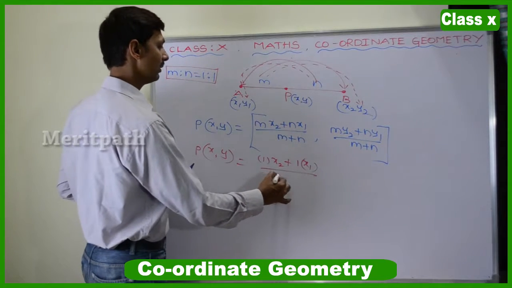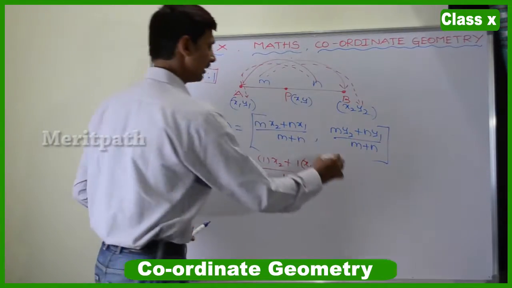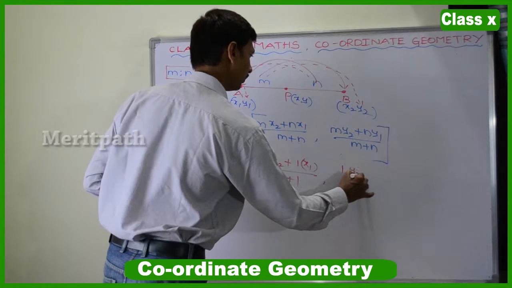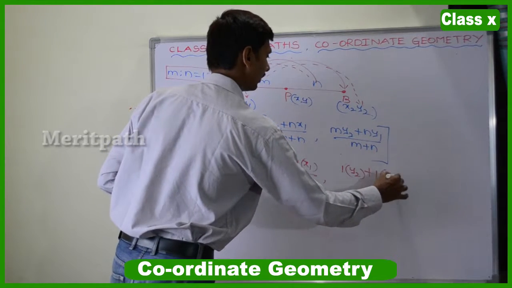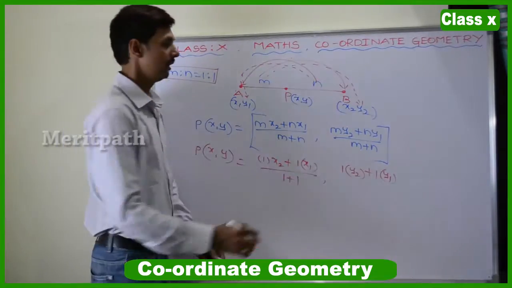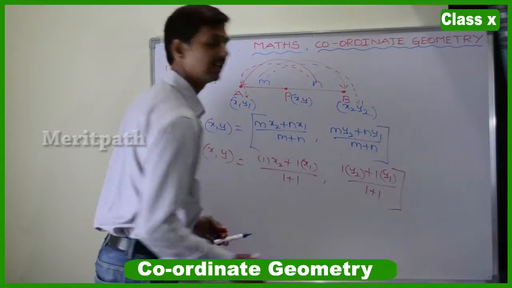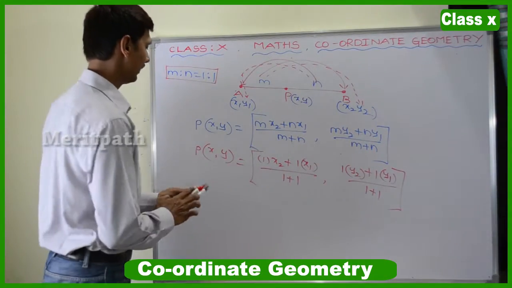M plus n is nothing but 1 plus 1. So comma, m is the value 1 and y2 is y2, plus n is the value 1 and the y value is y1, divided by 1 plus 1. To find this value, let us simplify this.